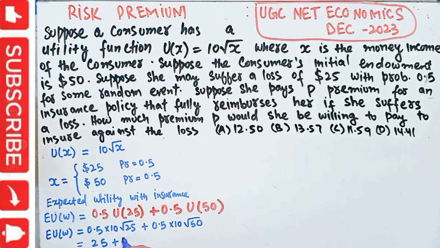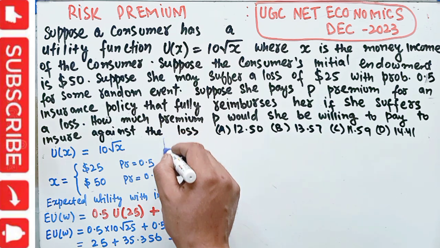It will come out to be 35.356, and when we add this up, it will come out to be 60.356. This is the expected utility without insurance.